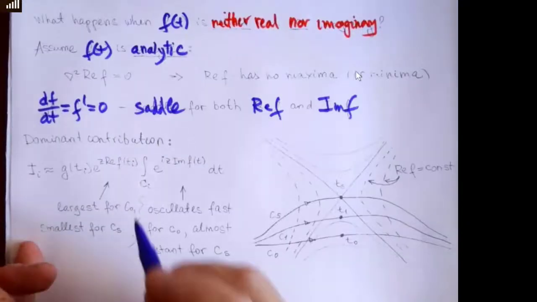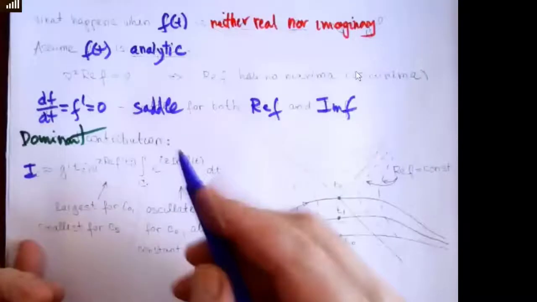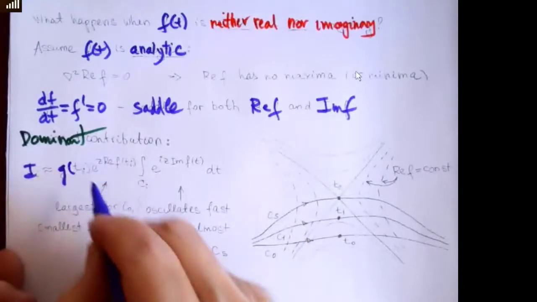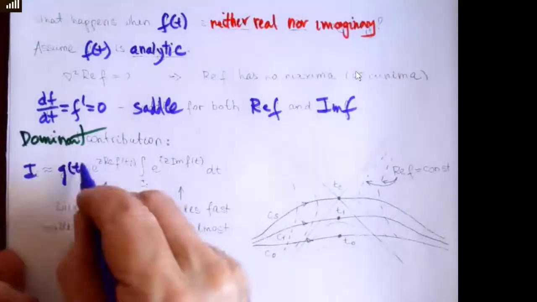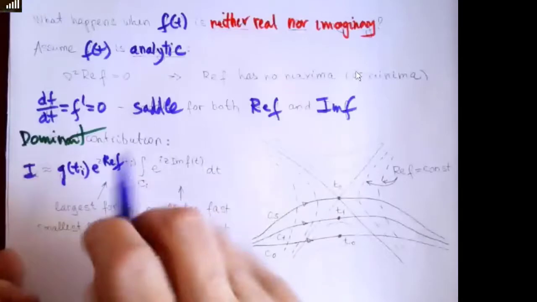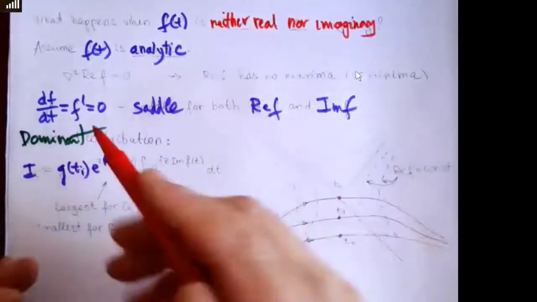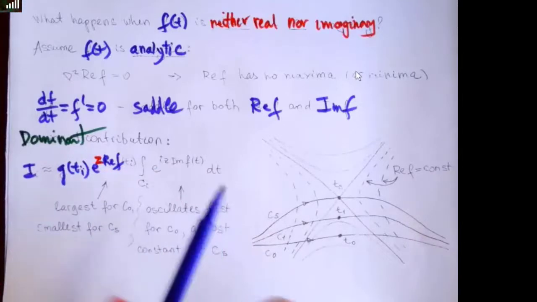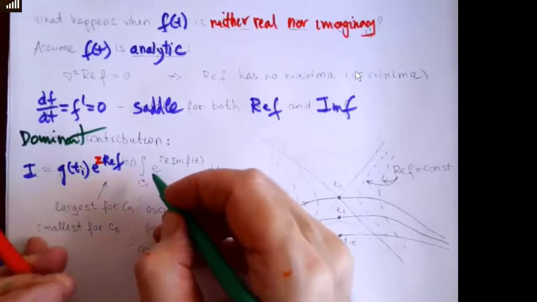So the dominant contribution is, you take f, which is up in an exponent, and you split it into a real part. That controls the magnitude. And then there is an imaginary part.